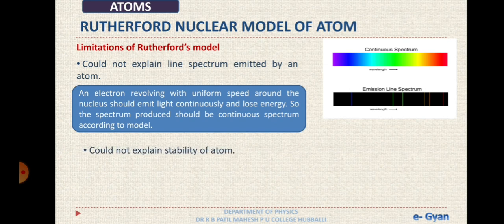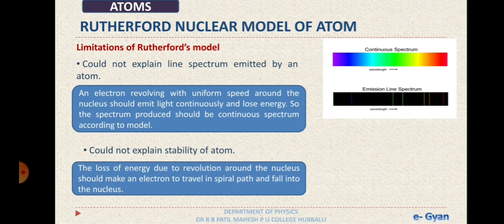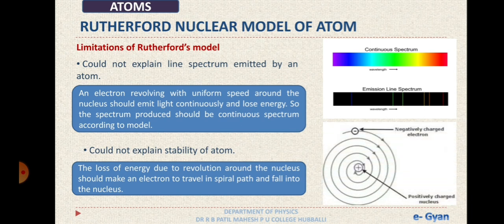And if an electron revolves around the nucleus and continuously gives out energy in the form of light, then the atom should be unstable, because at a certain moment the electron will fall inside the nucleus and the atom is lost. The loss of energy due to the revolution around the nucleus should make an electron move in a spiral path and fall into the nucleus.